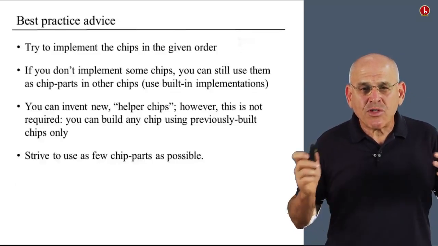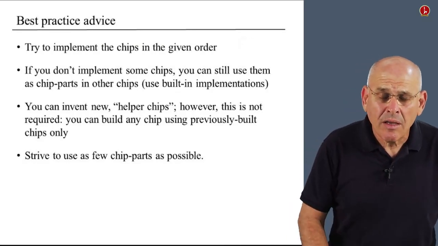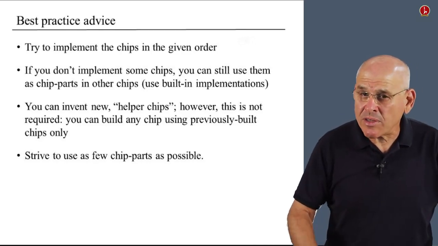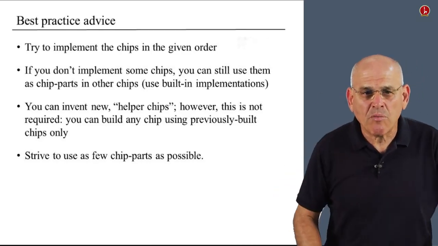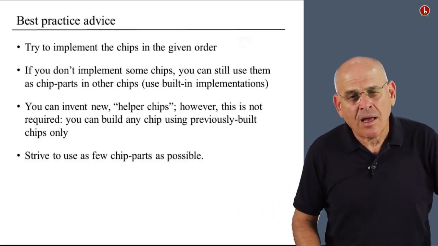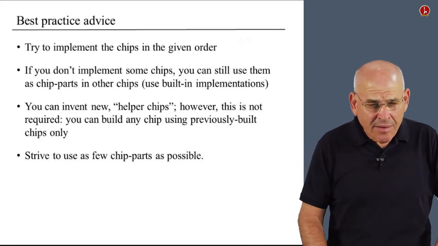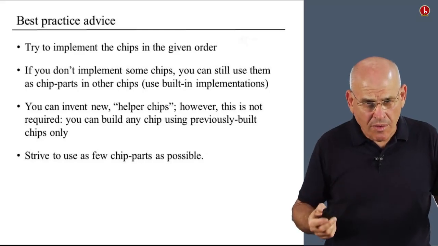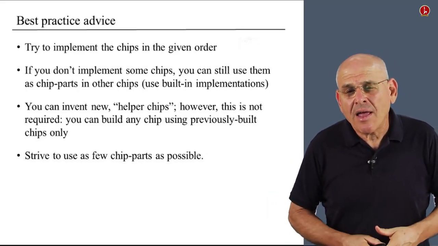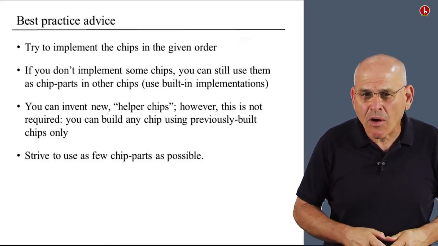So here is some general best practice advice for Project 1 and for subsequent projects as well. Once again, we recommend that you build the chips in the given order because they are specified from the simpler to the more complex. If you don't implement something, you can put it aside and, if you want, get back to it later. You can also, if you want, design some helper chips, chips that we haven't specified, which will act like private methods in high-level programming.